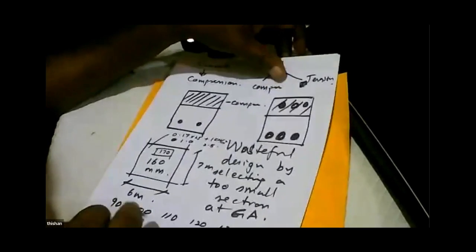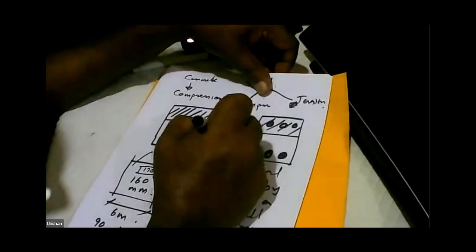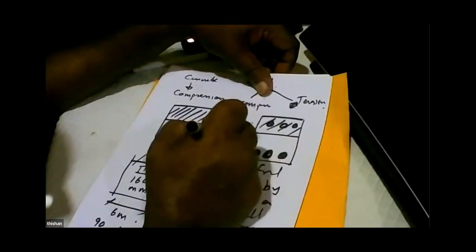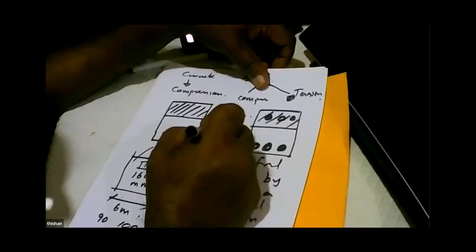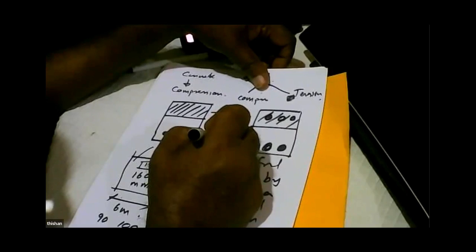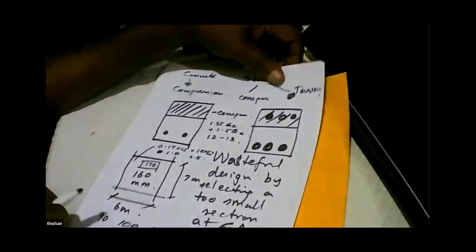Then I can calculate 1.35 GK plus 1.5 QK, which will come to about 12.30. So you calculate them.